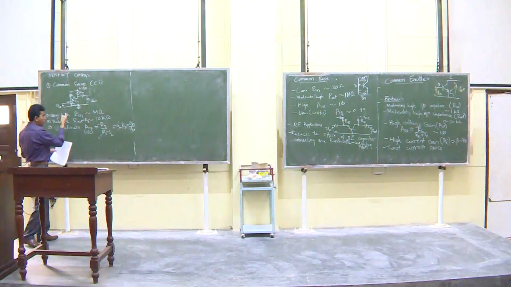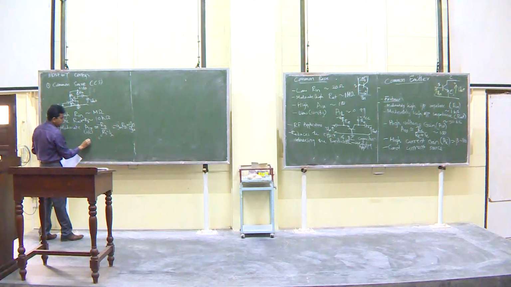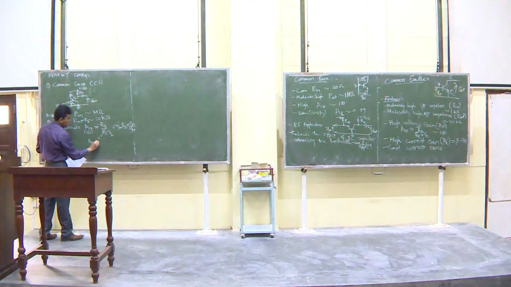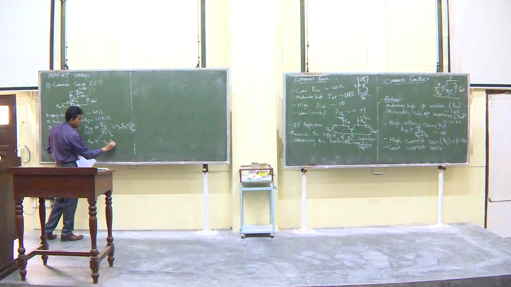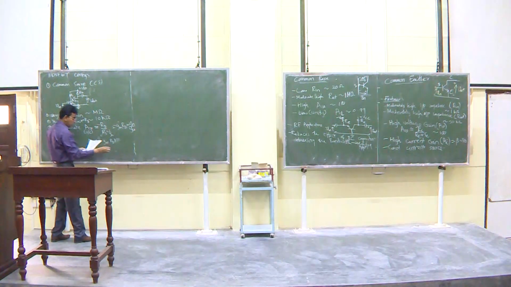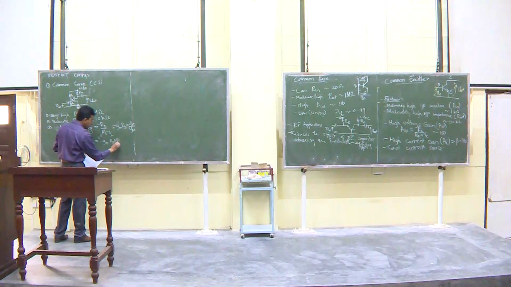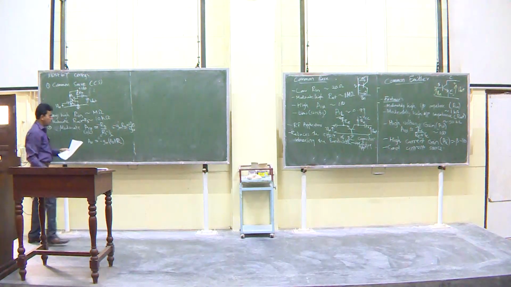So when the load is connected, Av is roughly equal to minus gm times RD parallel to RL.